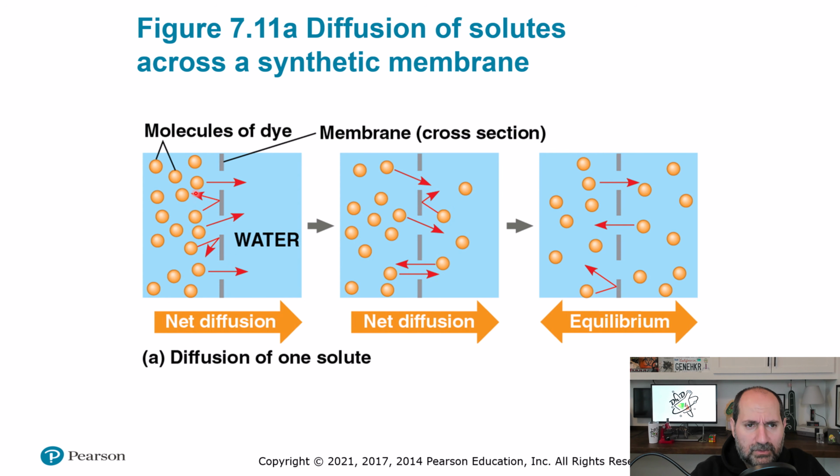So here, the orange dye is what's diffusing, and it will move from an area of high concentration on the left to an area of low concentration to the right. There will be a net diffusion to the right until equilibrium is reached.